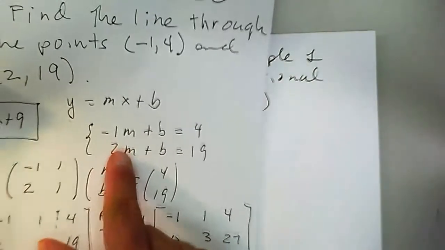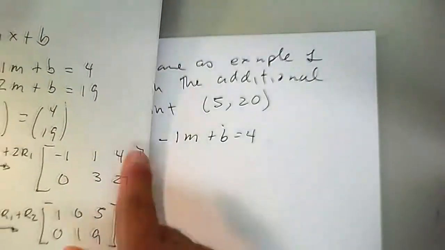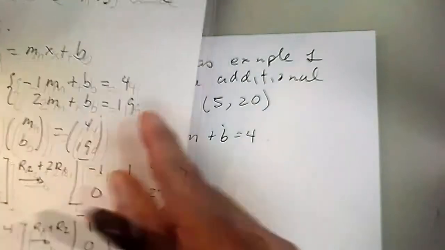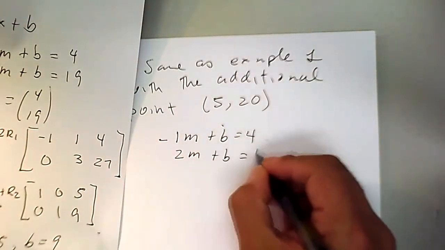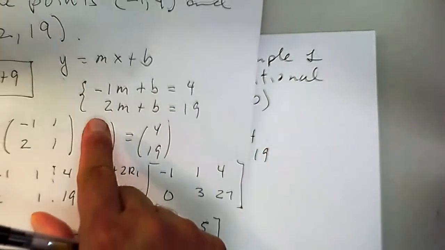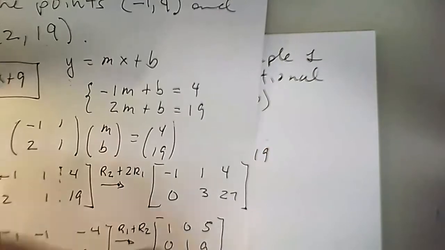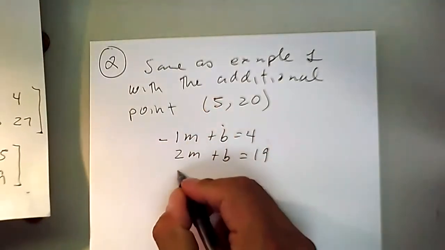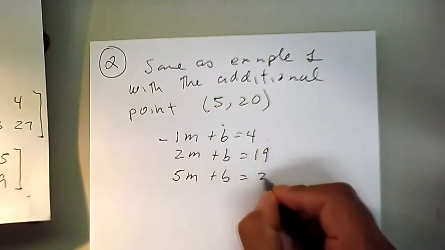I'm copying that from here. That's because we plugged in -1 and 4. And then 2m plus b equals 19. And then, let me think. Oh, and then at this point, 5m plus b equals 20.